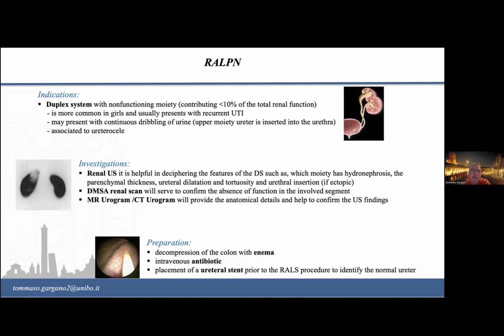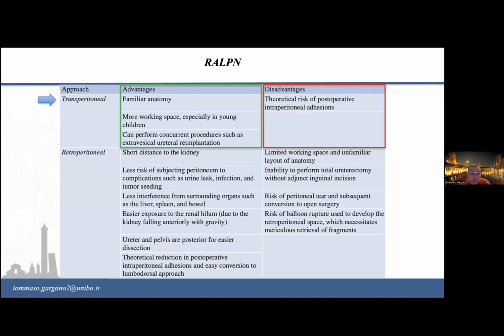Regarding the approach, we saw this morning a nice presentation by Professor Philippe. We prefer the transperitoneal approach. Why? Because in this approach the anatomy is more familiar, the working space is larger, and there is the possibility to perform concurrent procedures such as extravesical ureteral reimplantation, like a minimally invasive Lich-Gregoir.